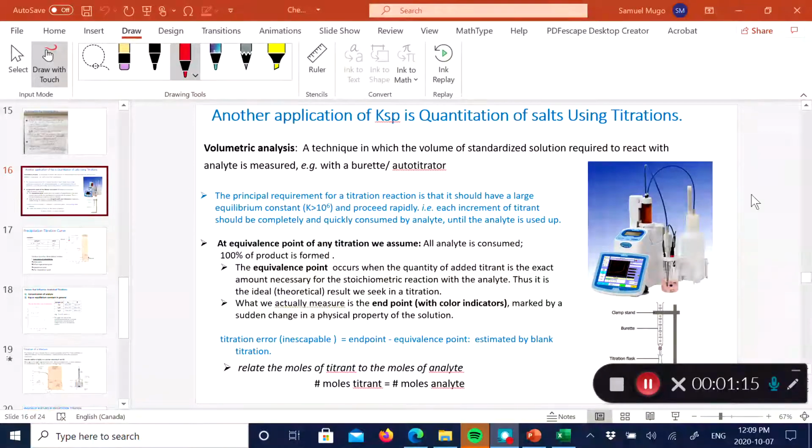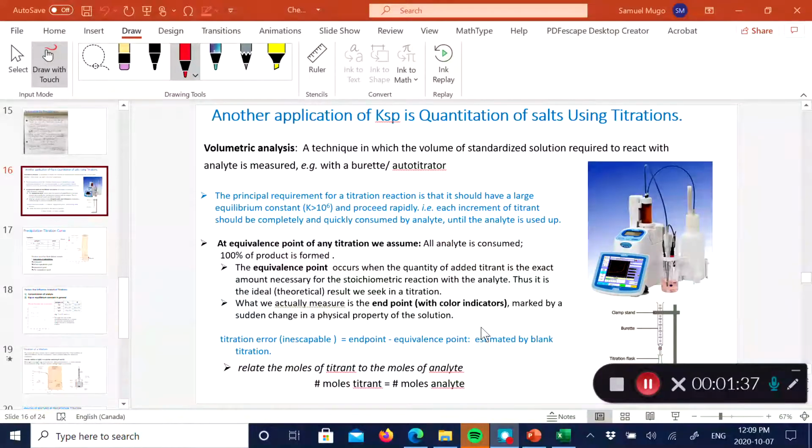Instead, titrations have been automated using instruments called auto titrators. So in industry, in most cases people use auto titrators to do volumetric analysis or titrations.